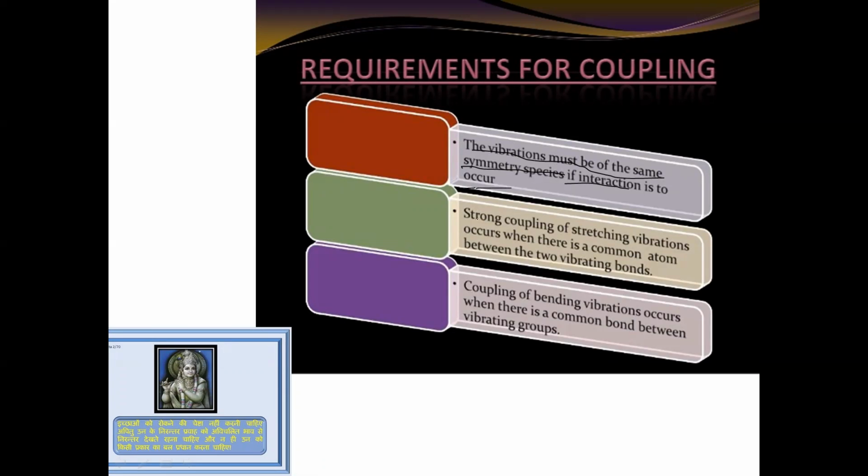Strong coupling of stretching vibrations occurs when there is a common atom between the two vibrating bonds. Coupling of bending vibrations occurs when there is a common bond between vibrating groups. So it is the third condition for coupling.